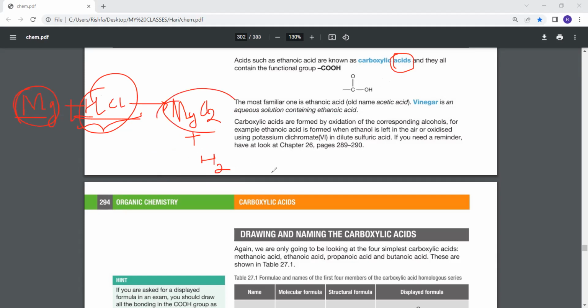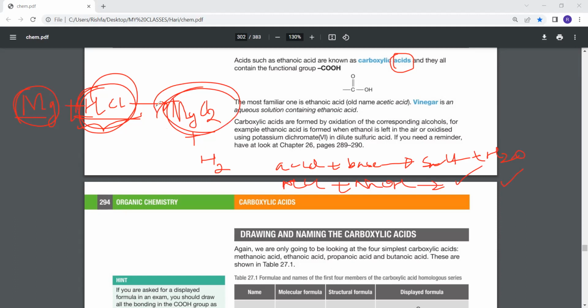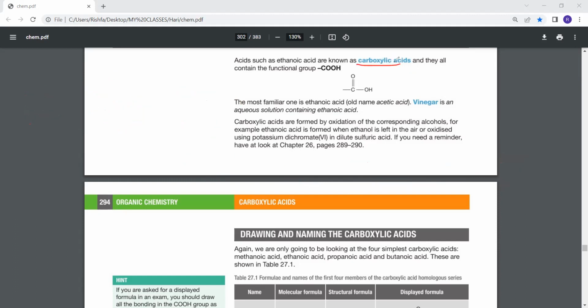If it's an acid and a base, what will it give? Neutralization, so salt and water. If I take HCl plus NaOH, it's going to be its respective salt and water. If it's a metal and an acid, it's going to be salt and hydrogen gas. The same applies to carboxylic acids, because they are also acids.